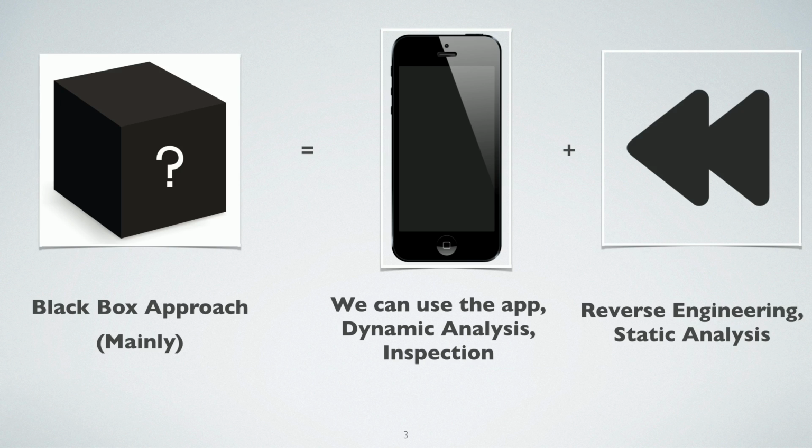And we do both dynamic and static analysis. So we both analyze the code with reverse engineering, or we dynamically inspect the application with other tools that I will show to you.